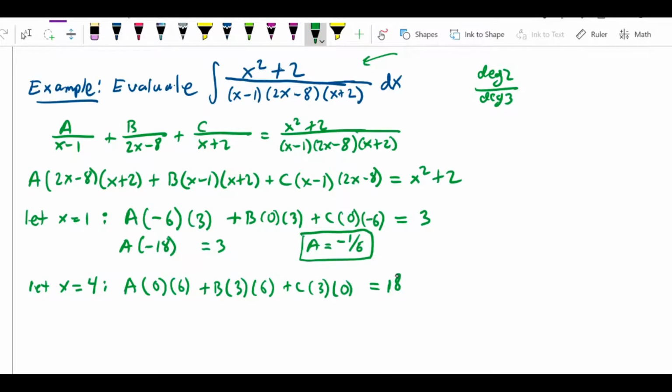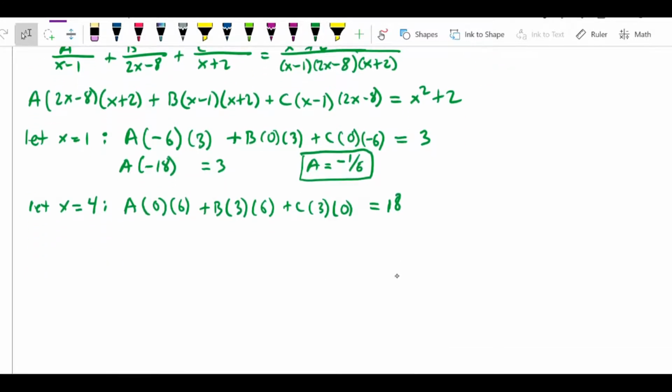So I have 18 on the right. So what I'm left with is b times 18 equals 18, which gives us, very conveniently, b equals 1. And now finally, let's do the last one.